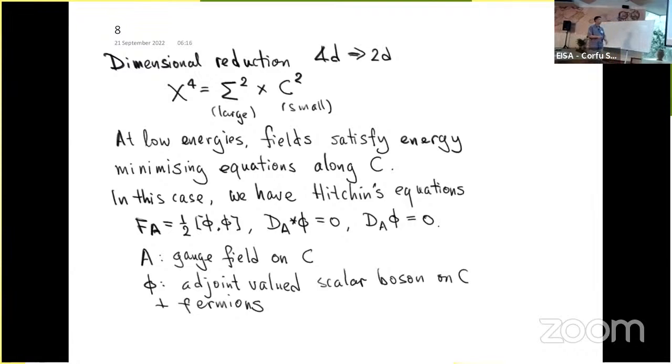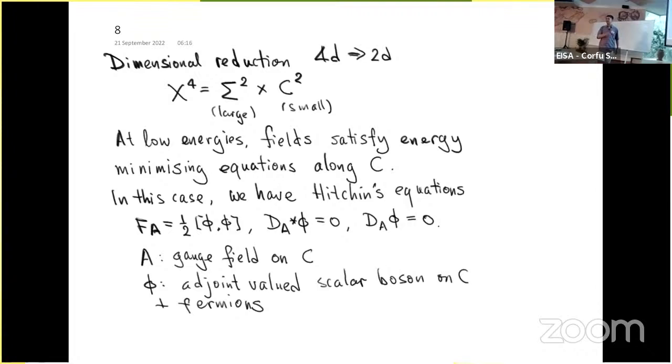As you all know, at low energies, fields along the C direction, because it is very small, have to satisfy the energy minimizing condition. Otherwise, even the first excited energy is huge. So there are some equations along C to be satisfied.